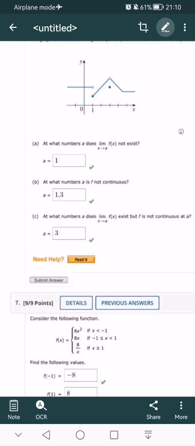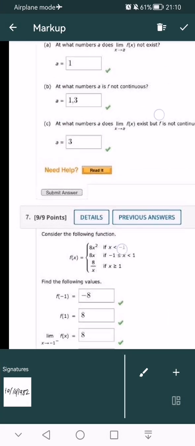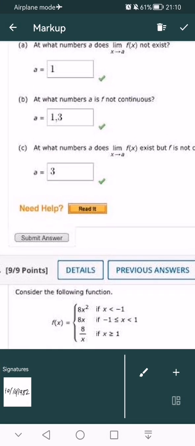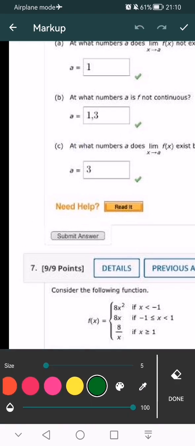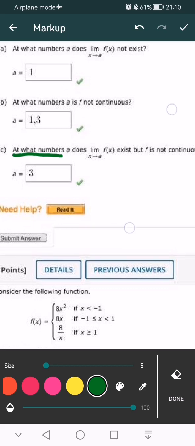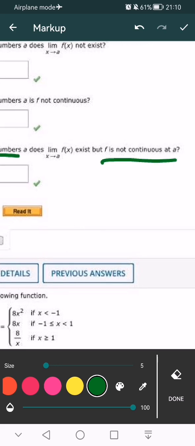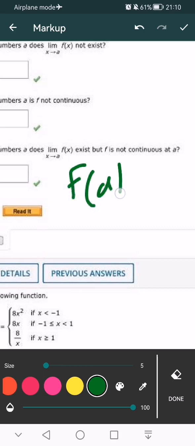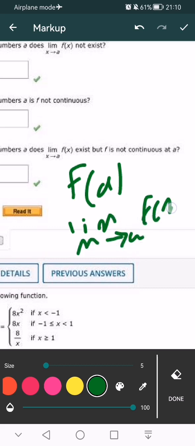Okay, so here the question. There is a third question that says: at what number does the limit exist but f is not defined? As I said, there is a difference between f of a and the limit x goes to a of f of x.